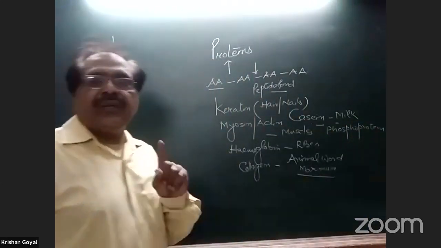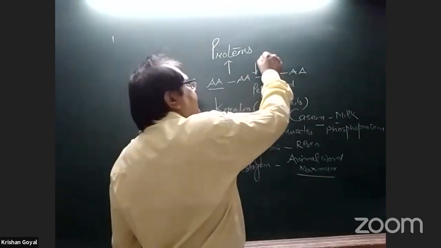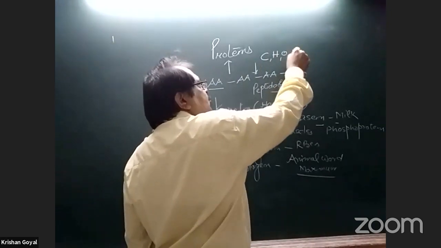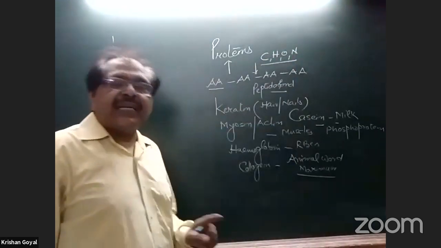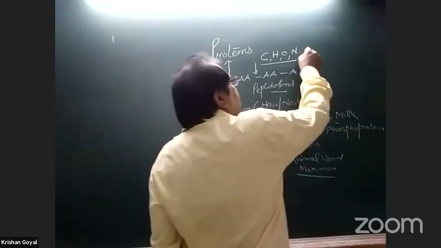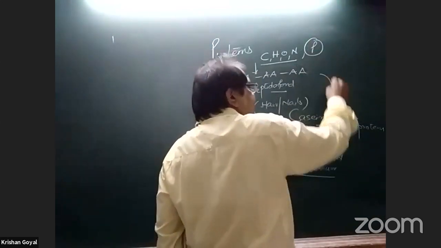As I told you, proteins are made up of carbon, hydrogen, oxygen, and nitrogen. But in certain proteins, phosphorus is also present, and casein is the example.